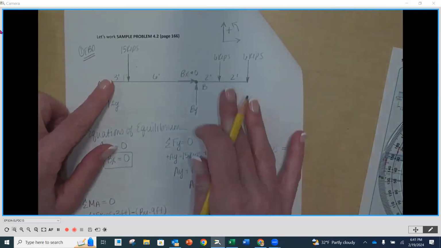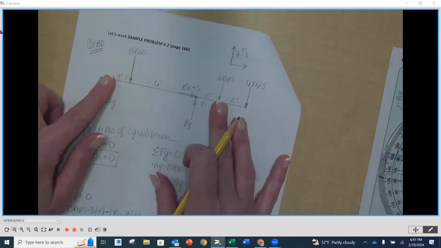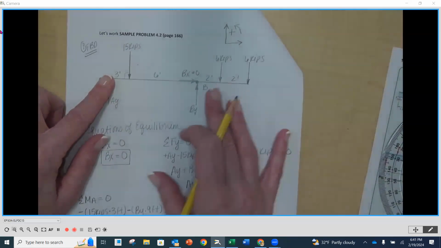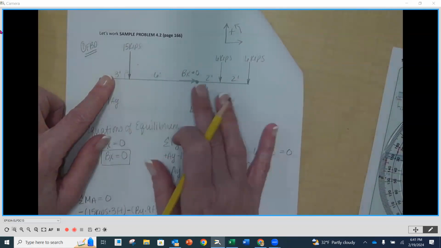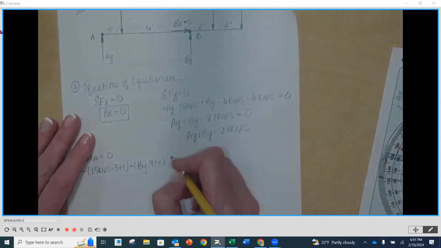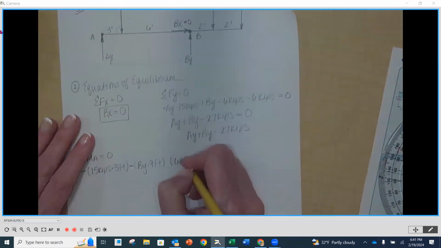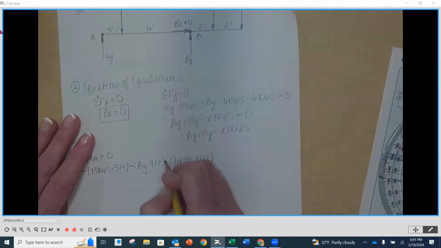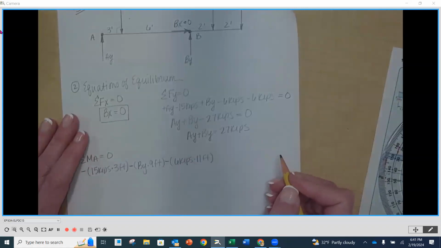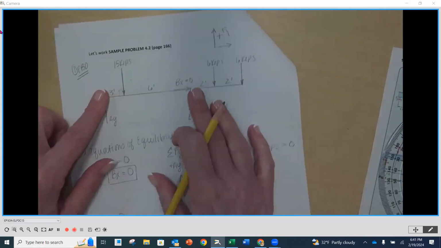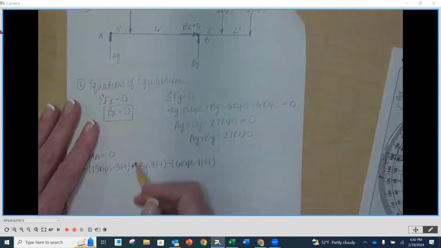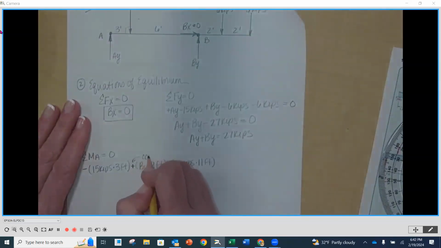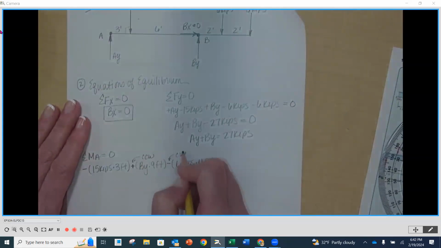Finger back on A, and now I'm going to do my 6. That's going to be clockwise, and its distance is going to be 8 plus 3 is 11. So 6 kips times 11 feet, and that's going to be negative out front. BY is positive, because it's counterclockwise, and then the other two are clockwise.